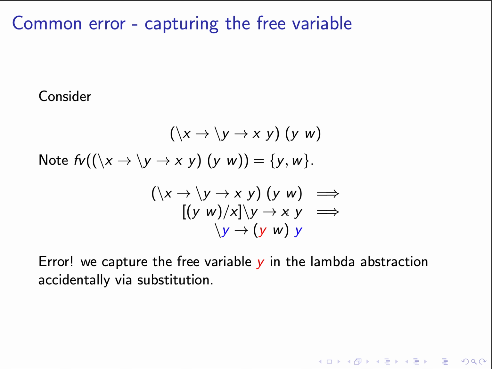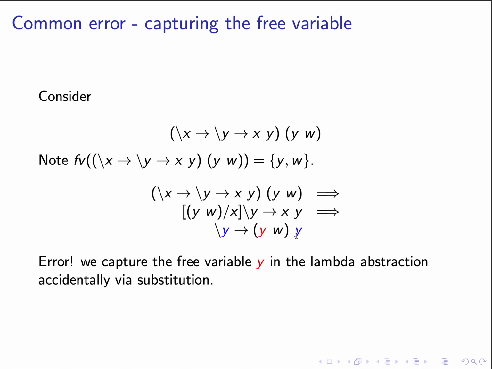Notice that if we apply the substitution naively, if we just replace this x by y applied to w, we get back another lambda term that expects y and returns y applied to w, then applied to y.